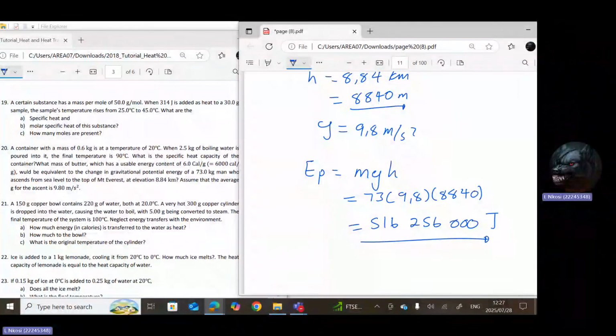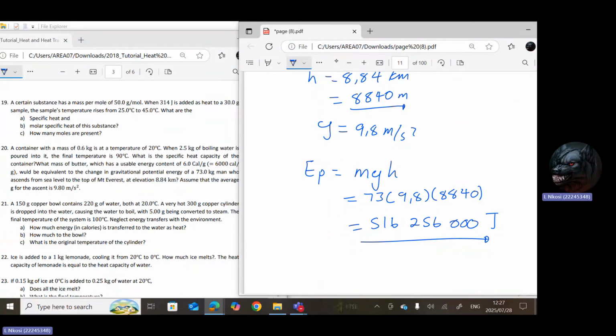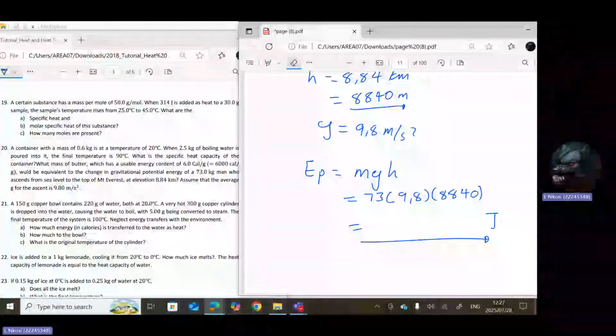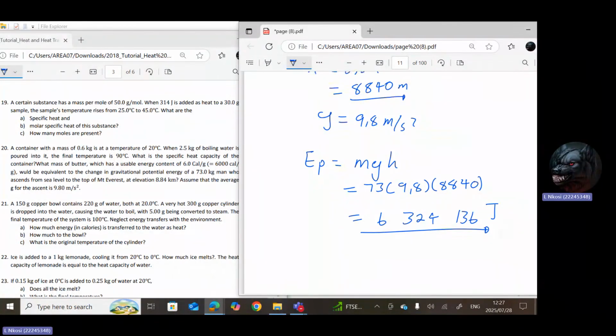Wait. I think I punched the calculator wrong here. Yeah, this is more like it: 6,324,136. Yeah, 6 million joules. Makes sense.